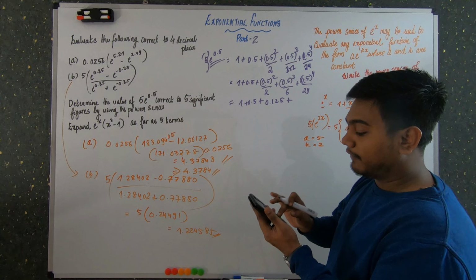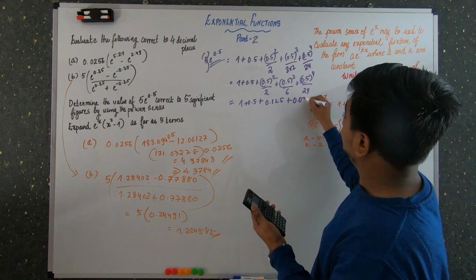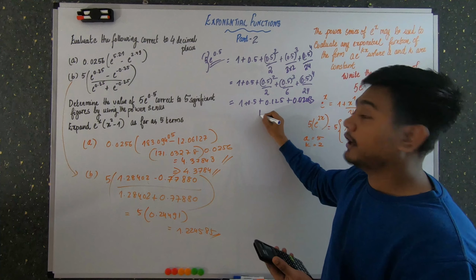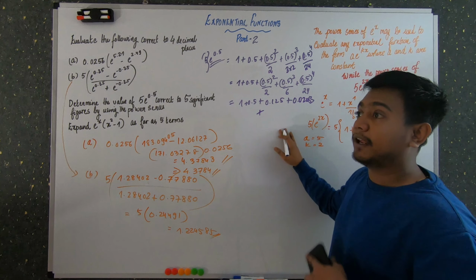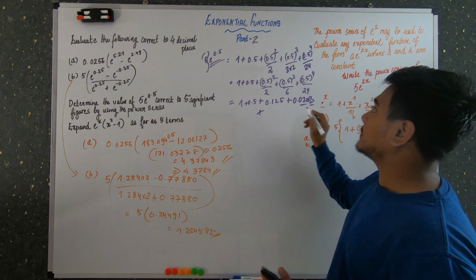What would be the value? 1 divided by 48, that is 0.02083. I am writing only up to 5 decimal places. You can write up to any number of decimal places, but as it is a time consuming process, I am writing only up to 5 decimal places.